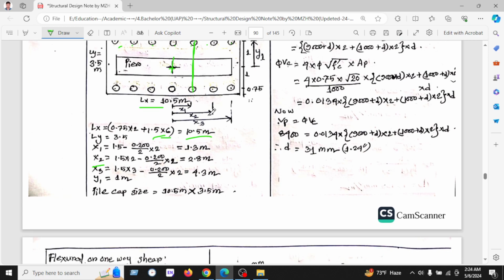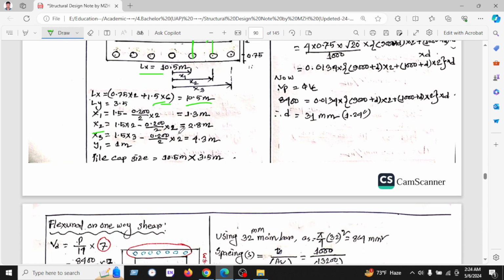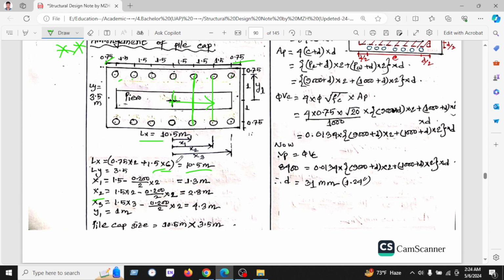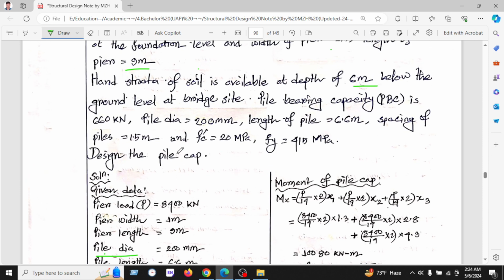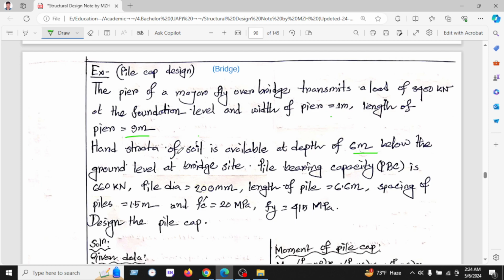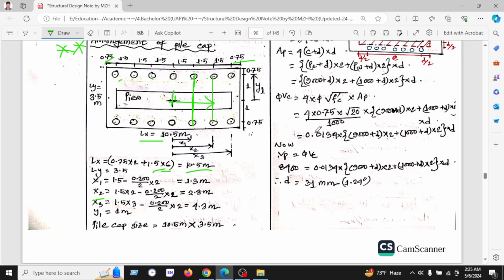In the same way, X2 is from the CG, and going to the dispersion, this will be X2: 1.5 into 2 minus the column 200, and this is the pile diameter, and the pier is 1 meter divided by 2 into 2.